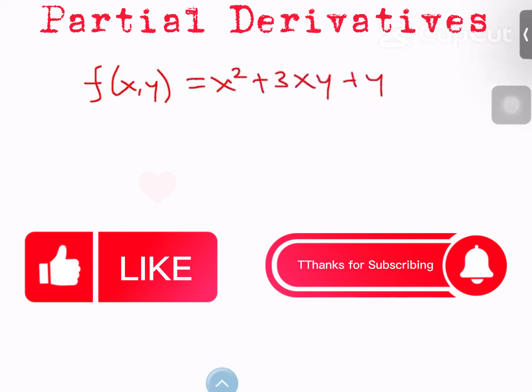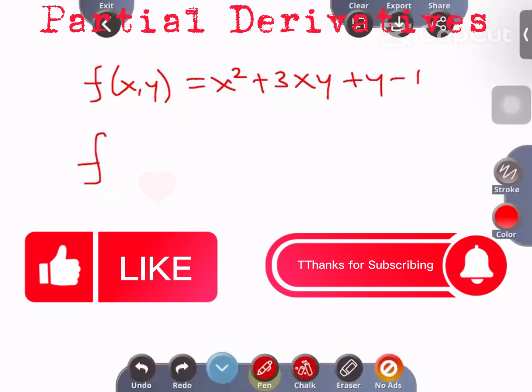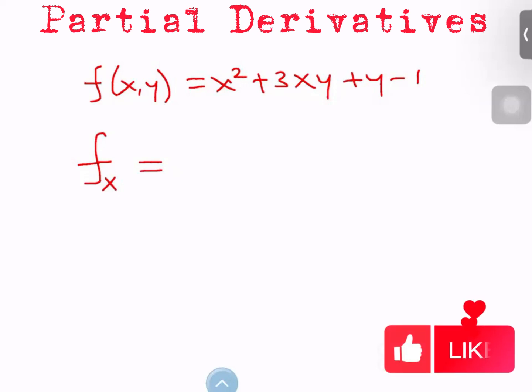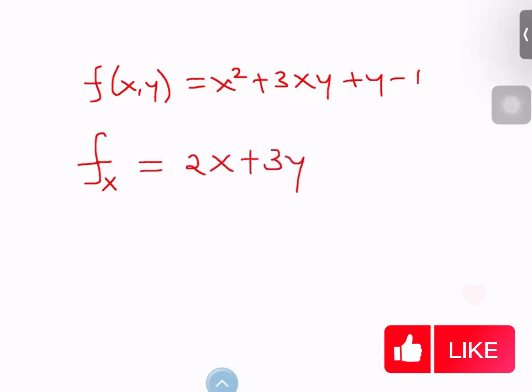When we differentiate with respect to x, we end up with 2x plus 3y. And then with respect to y, we end up with 3x plus 1. You see?